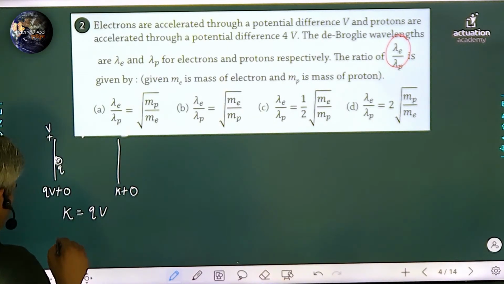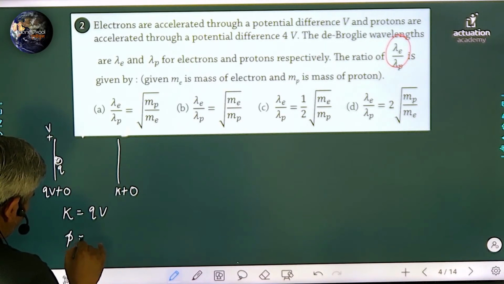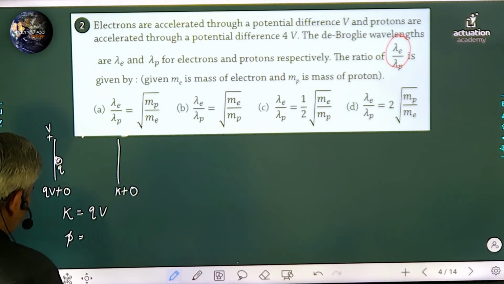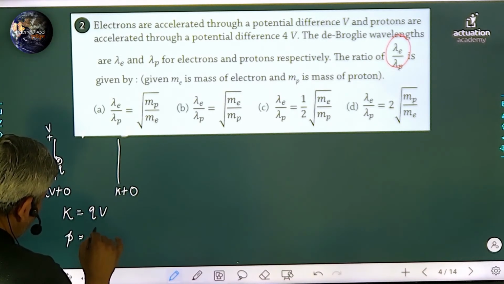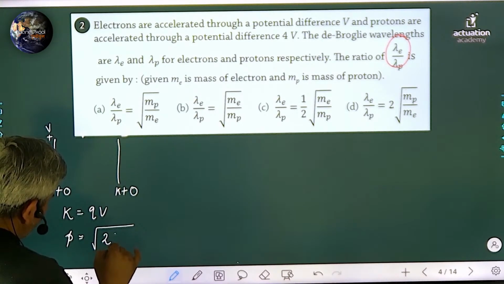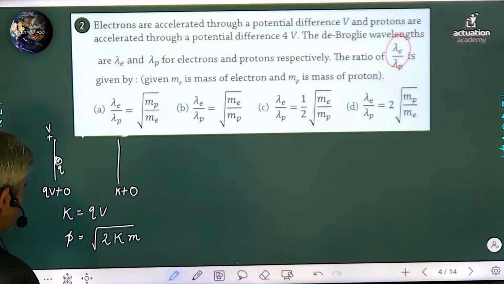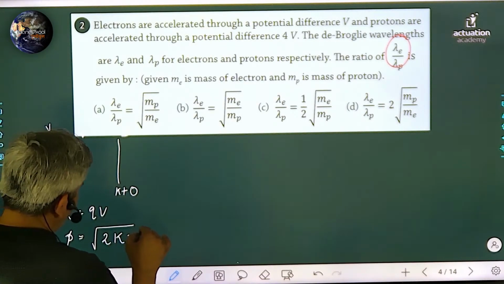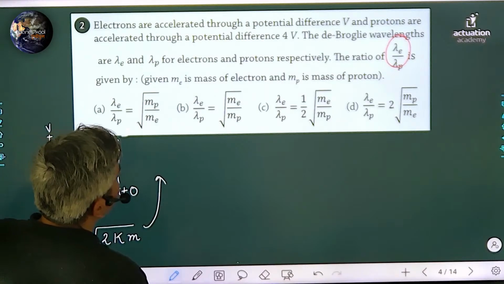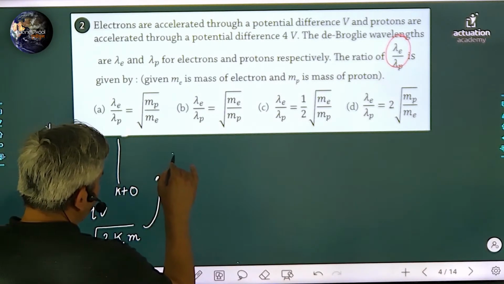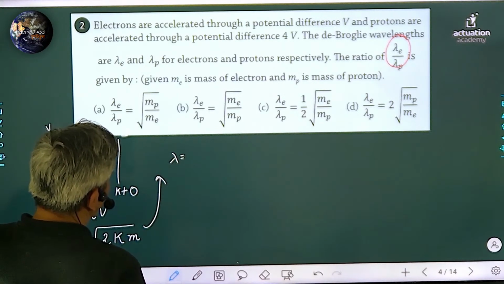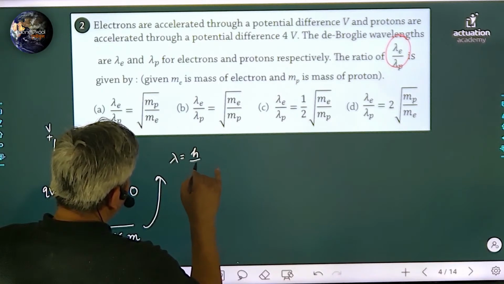Also we know that the momentum is related as P is equal to under the root 2 times the kinetic energy of the charge multiplied by the mass of the charge. And also we know by the de Broglie equation that lambda is equal to h by p.